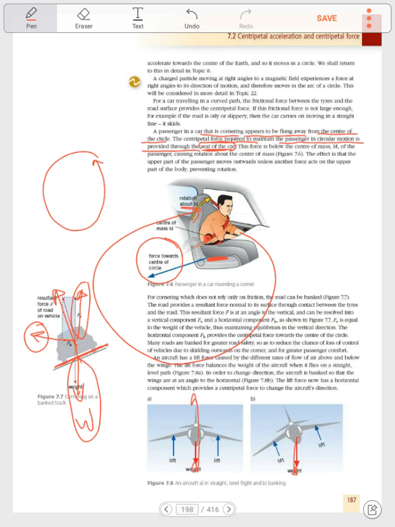Even in the airplane, we have a weight and a lift force. Here, this plane will move in a straight line. If the pilot wants to move in a circular path, he makes an angle for the wings. So this is the upward force. This force has two components. This component equals the weight. This component will provide the circular motion.